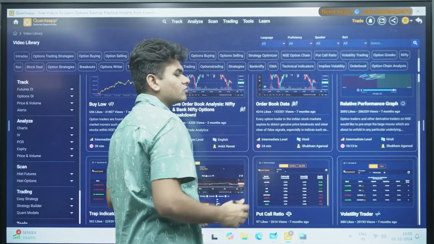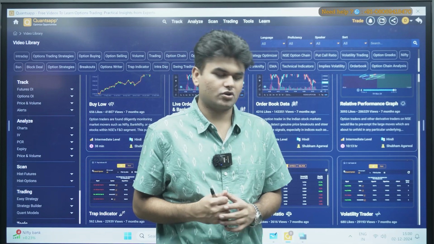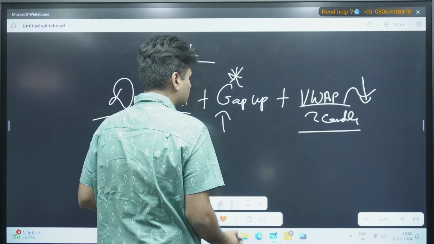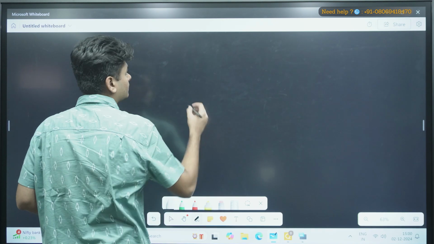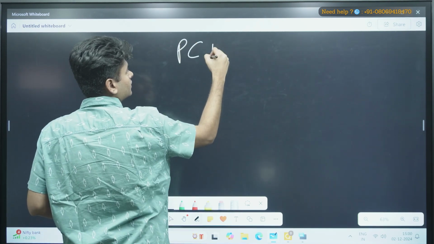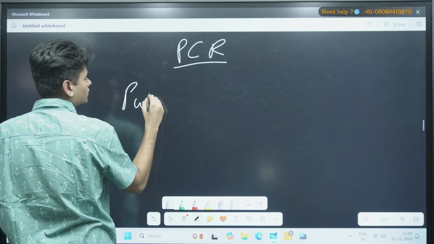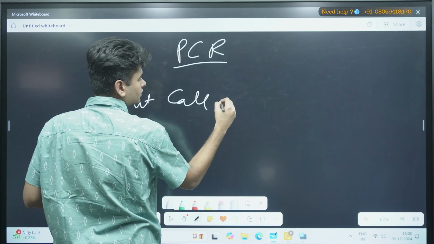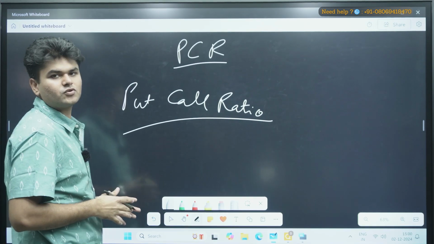Now, let's go to the topic and understand what is PCR and how you can use it. So PCR, as the name suggests, is the put call ratio. So why do we use a put call ratio?